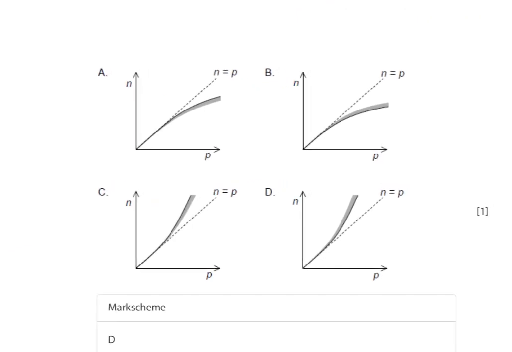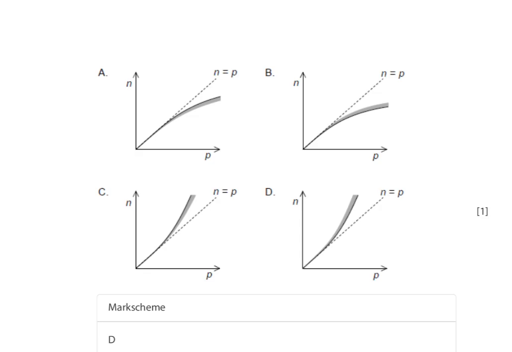Well, if you remember the graphs, for low atomic numbers, N does approximately equal P, but then as you go higher in nucleon number, you're going to need more neutrons than protons, and so it does begin to curve. As the proton count increases, the neutron count increases more than the protons do.